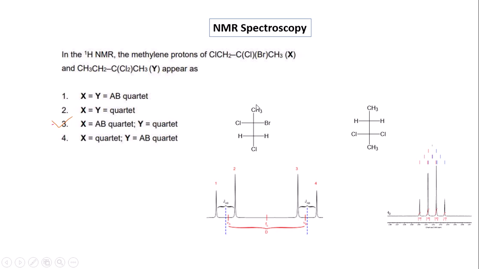But in the case of the X substrate, which has the chiral center, we get the AB type of quartet, that is, this hydrogen is split by this hydrogen, and this right side hydrogen is split by the left side hydrogen. So this splitting pattern is similar to the quartet, but it is known as the AB type quartet. So option 3 is correct.